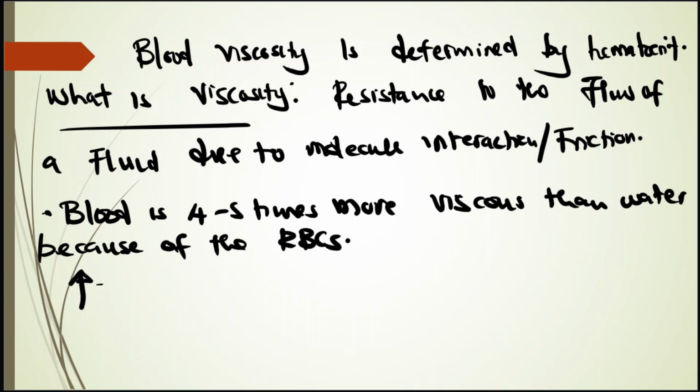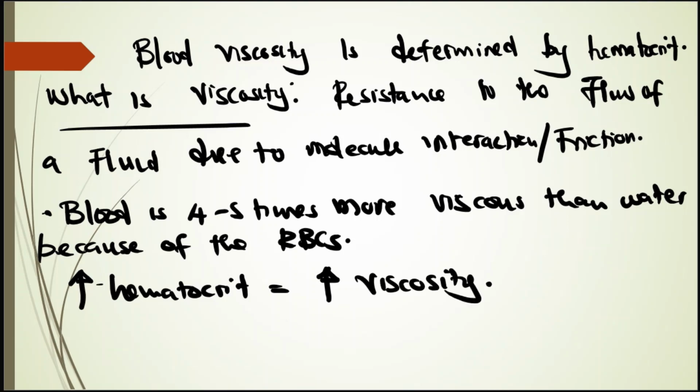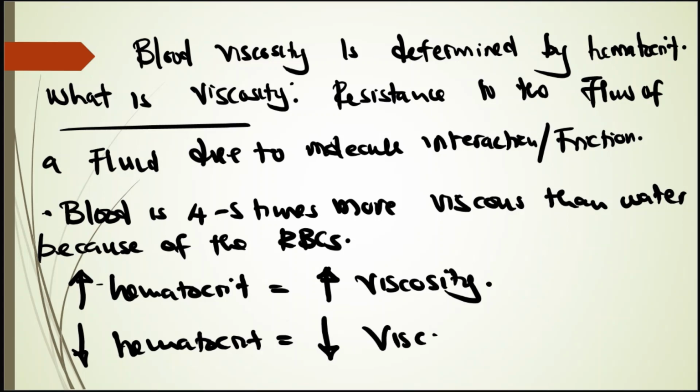So the higher the hematocrit, the higher the amount of red blood cells, the higher the viscosity. There's always an exam question on this. The lower the hematocrit, the lower the viscosity. All right, that's important.